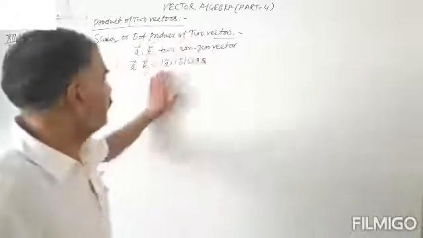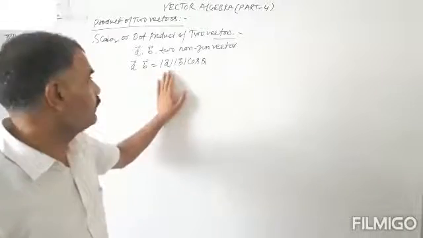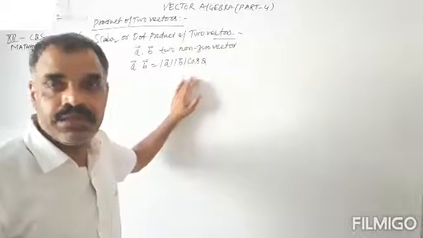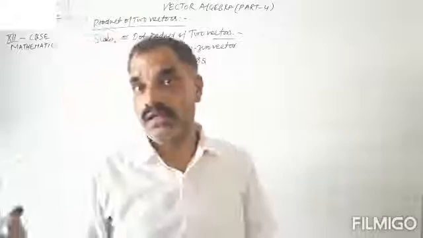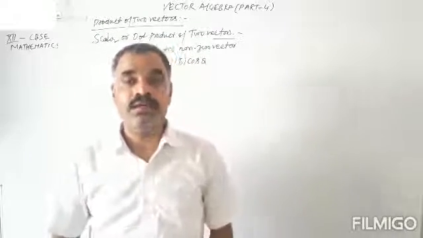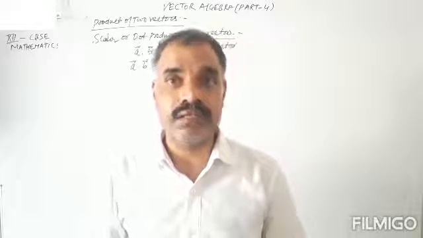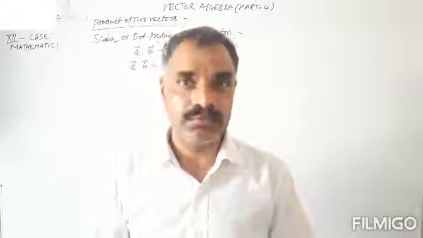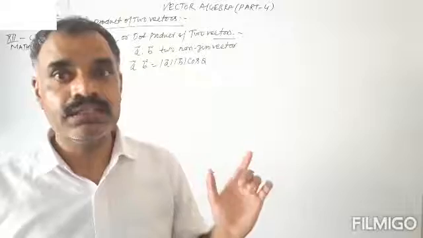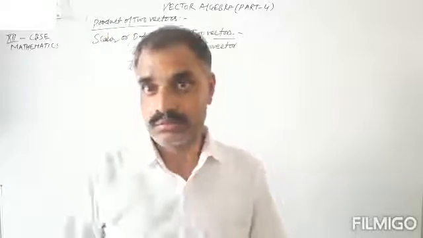Here the magnitude of a vector is a real number, the magnitude of b vector is again a real number, and cos theta is also a real number. That is why a vector dot b vector, the dot product of two vectors, is a real number, that is, a scalar. That is why it is called the scalar product.